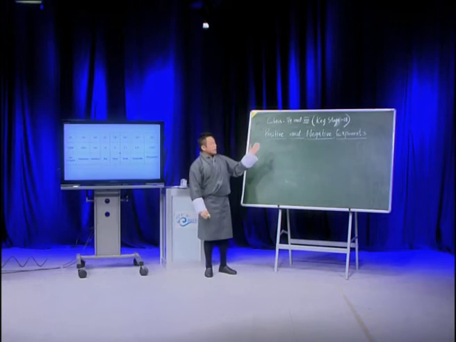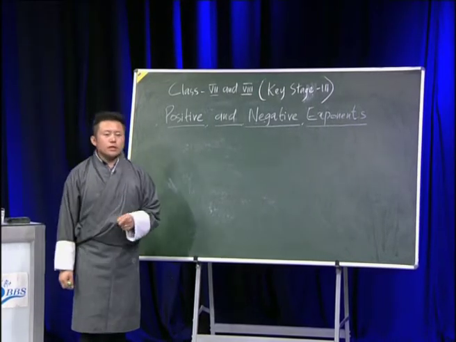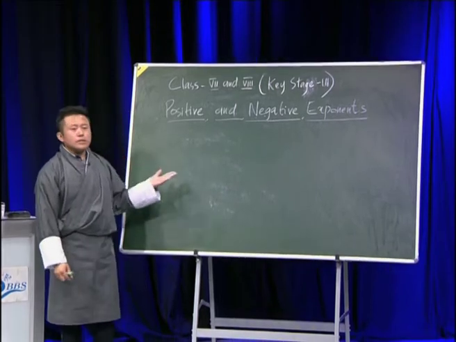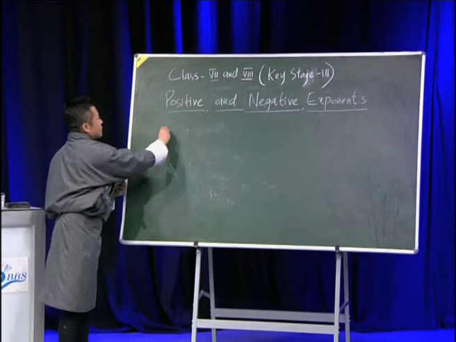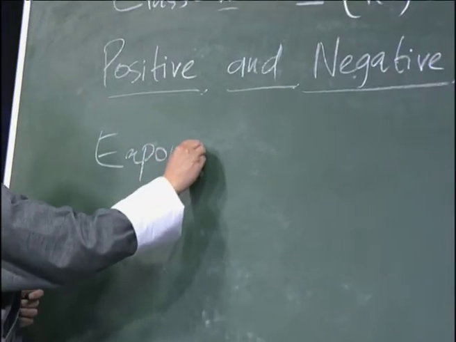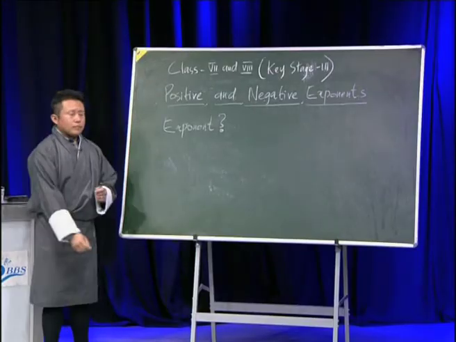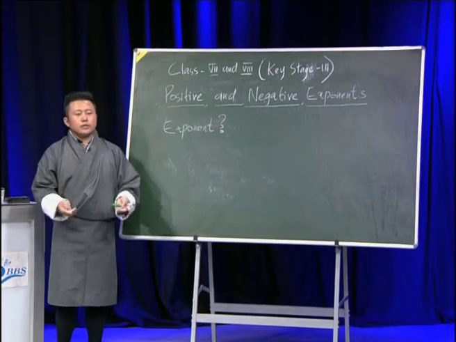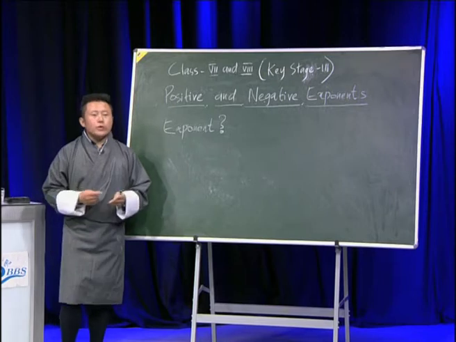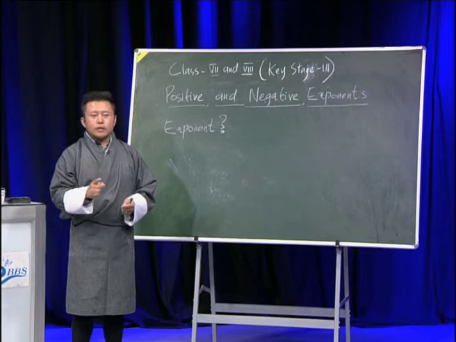Before I explain what is positive exponent and negative exponent, firstly, let me explain what is exponent. Sometimes we come across a situation where we have to multiply the same number again and again.